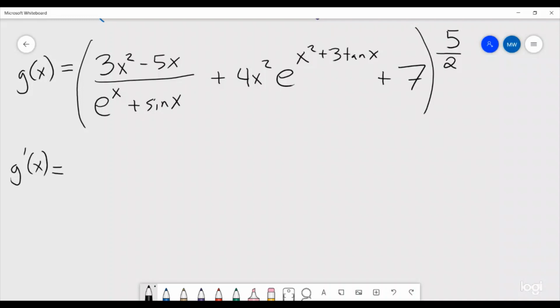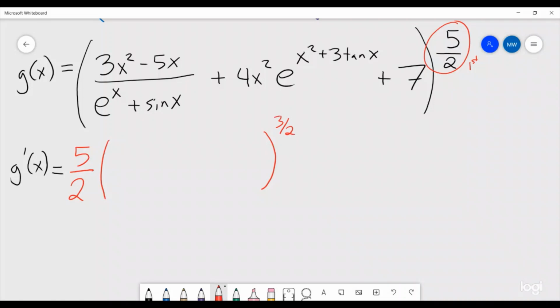So, what is our outsidemost function? Well, it is stuff raised to the 5/2. So that means this is the first thing that we're going to be doing. So, the first thing, bring down that power. So it'll be a 5/2 times a bunch of stuff raised to the 5/2 minus 1. That's to the 3/2.